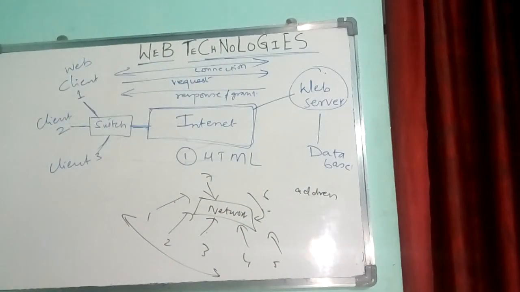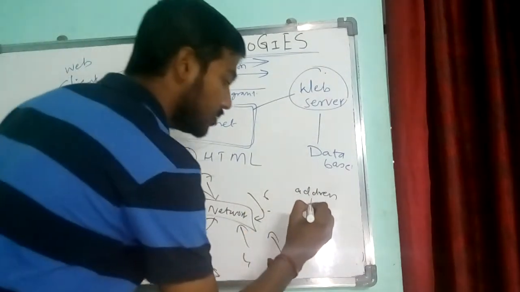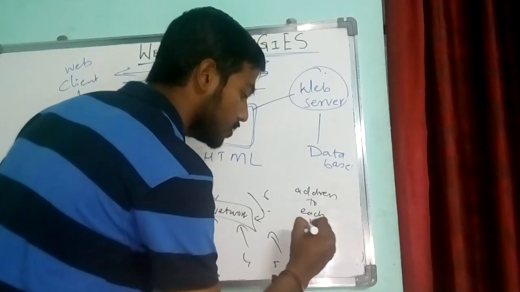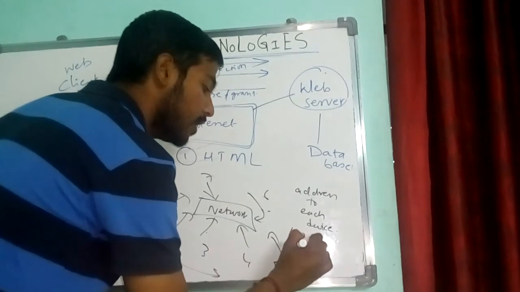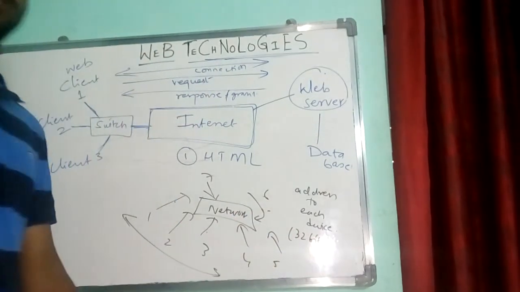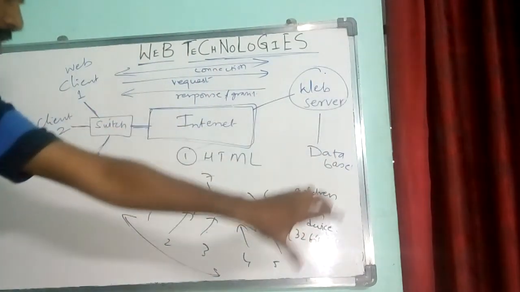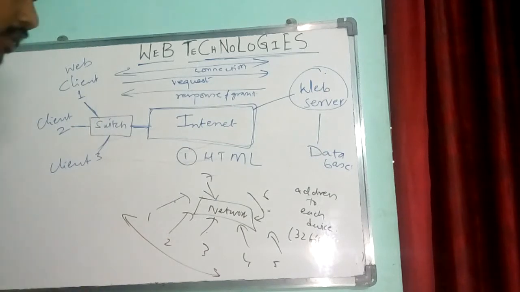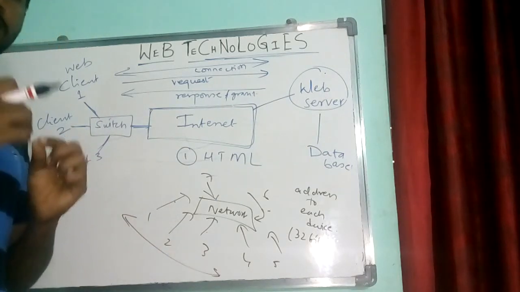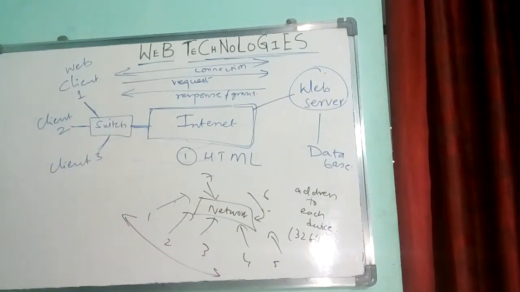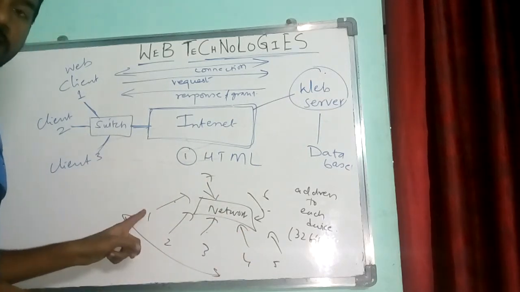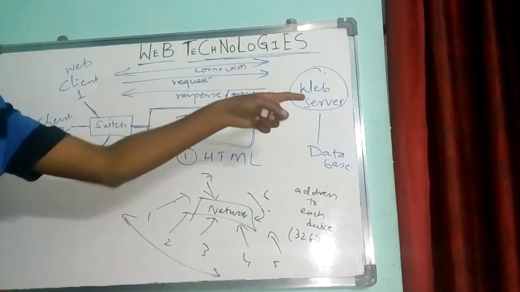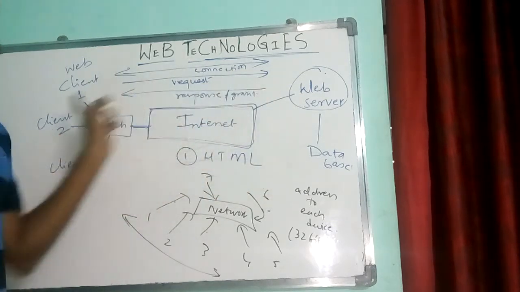They have provided an address to each and every device. It is 32-bit in nature. A 32-bit address is provided to each and every device. Whenever a system wants to access the server, the network checks for the address, sees which system wants access, and grants the connection.